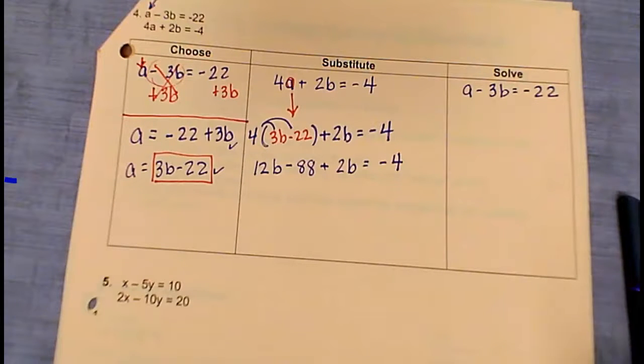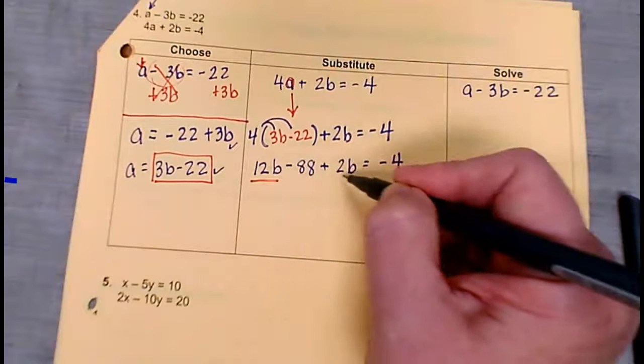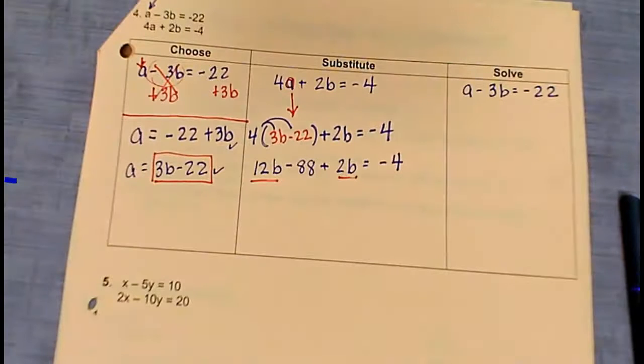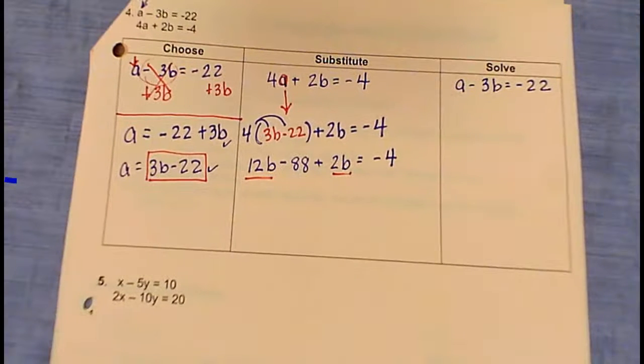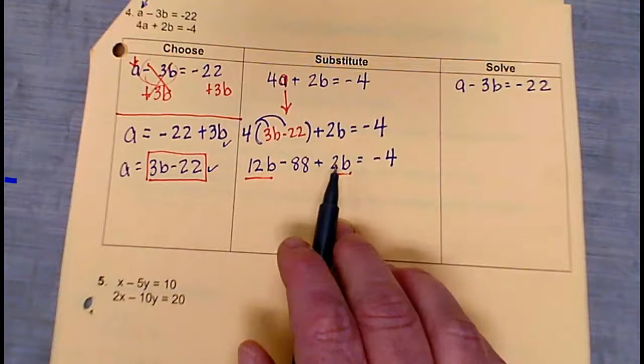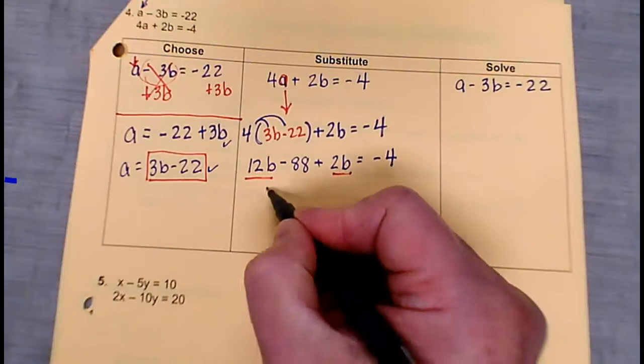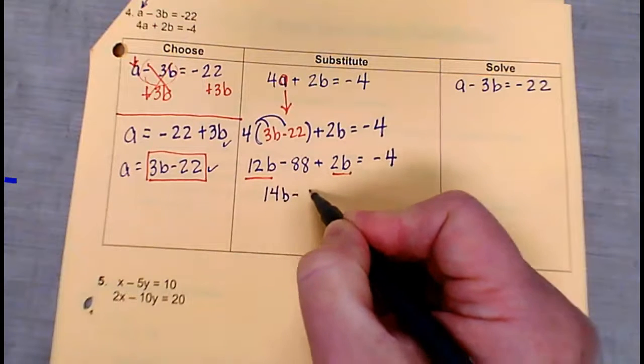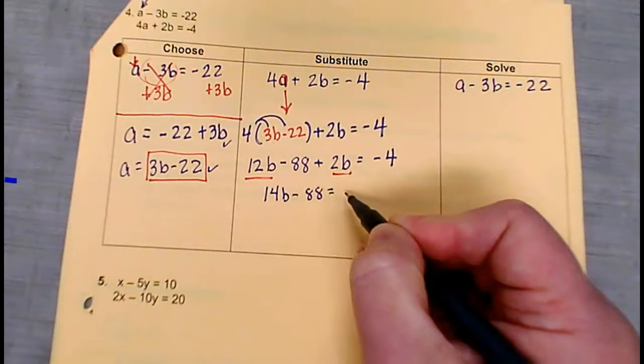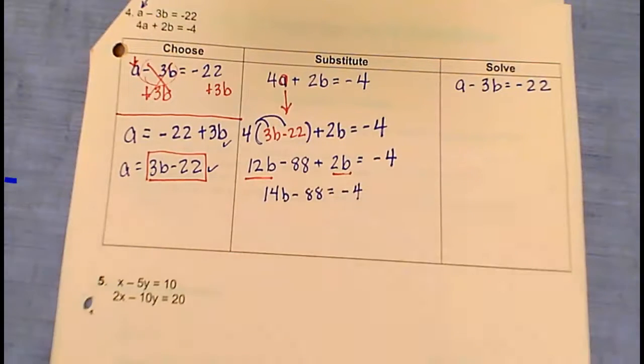Probably you were taught that I need to combine like terms. Those are on the same side of the equal sign, so we add the 12 and the 2 together and get 14b. Not 4, 14, what I wrote, not what I said.